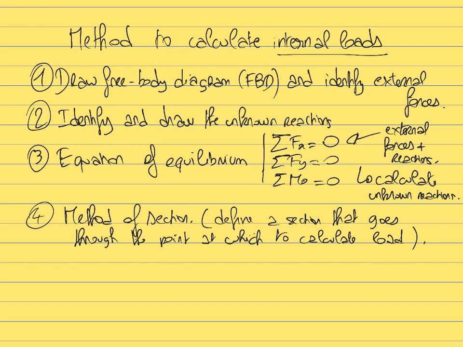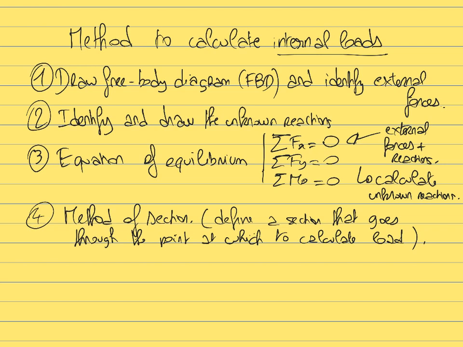So now it means that you are going to define a section, and you will be isolating either the left or the right. And now you will identify what are the forces that are applied to the section, the new section that you are isolating, and define what are the new unknowns, which are going to be the unknown forces applied by the left to the right, the right to the left, the top to the bottom, or the bottom to the top.